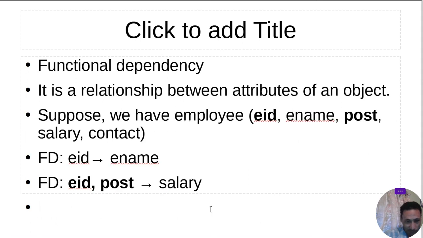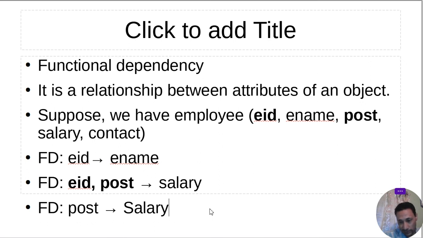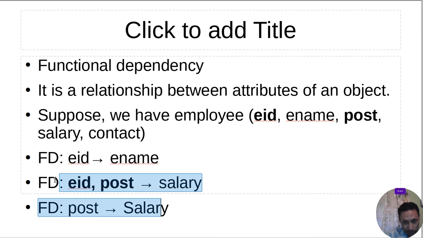What we can write here is functional dependency: post implies salary. In the real world situation, that is very possible. If you know the post of the employee, then we can know the salary of the employee also, because salary is determined by post. Now if we consider these two functional dependencies, we can find partial dependency.